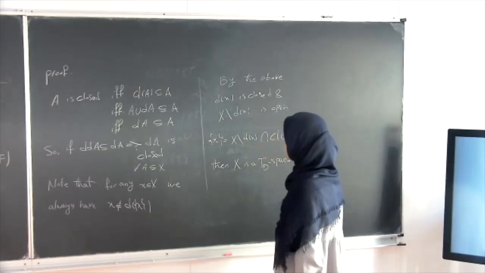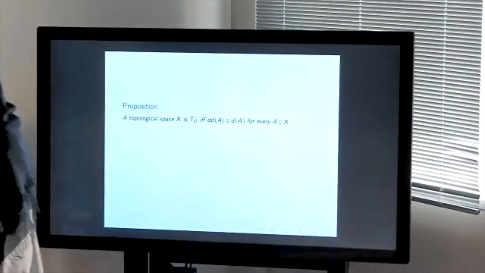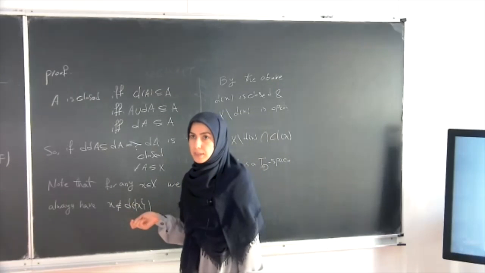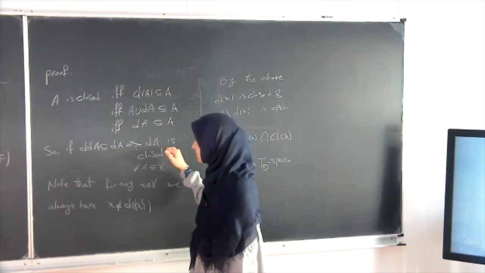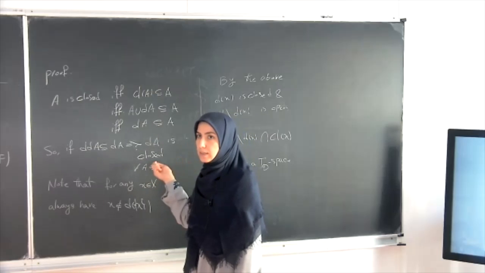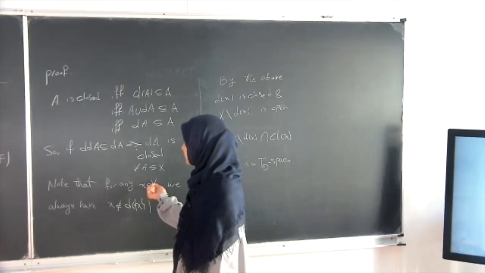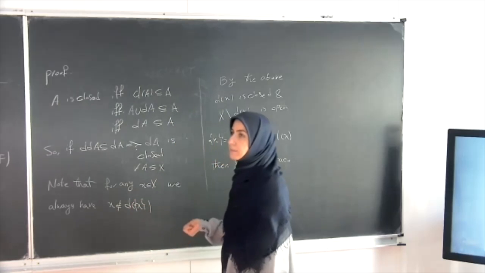So I want to show that X is a TD space when we have the condition that D of D of A is a subset of D of A. I said that if we have this condition, this means that D of A is a closed subset for any A as a subset of X. And also for any given point x, we know that x is not in D of {x}.